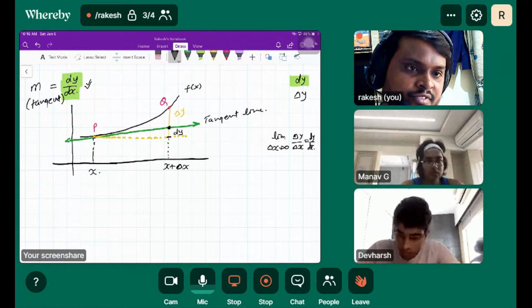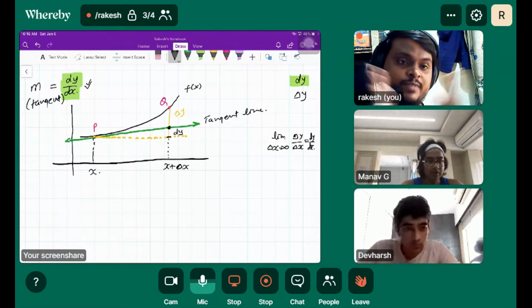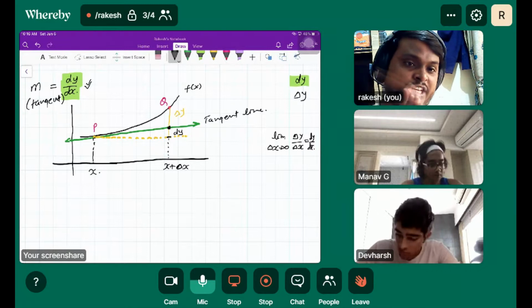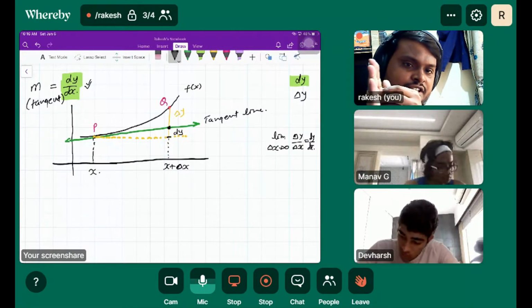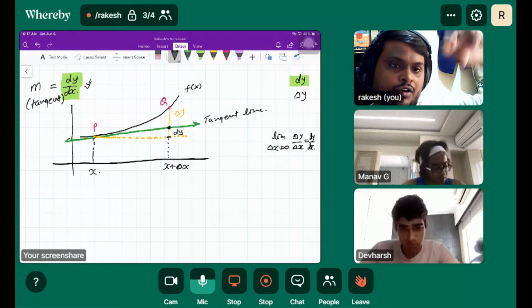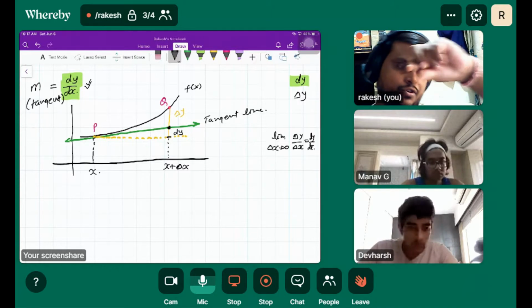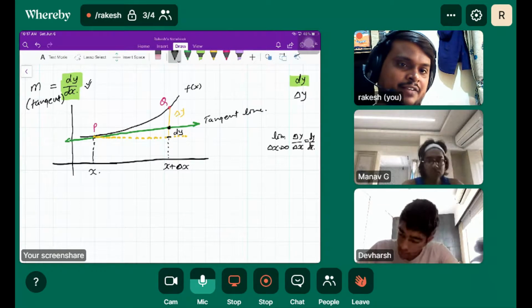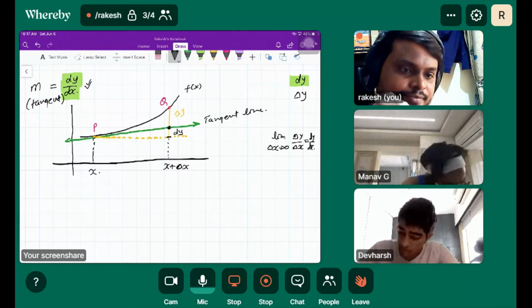This whole scenario is basically that P and Q are not far from each other. They are very near to each other. So if you go along the curve and reduce the distance between P and Q, obviously you can see that delta y and dy are very close.